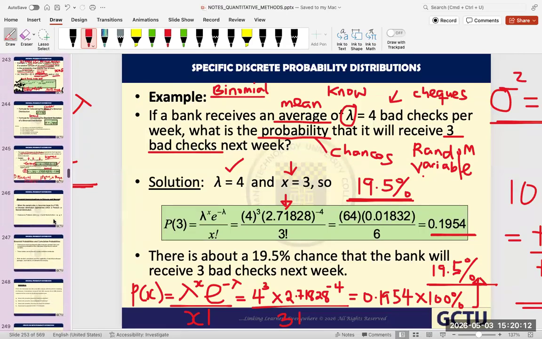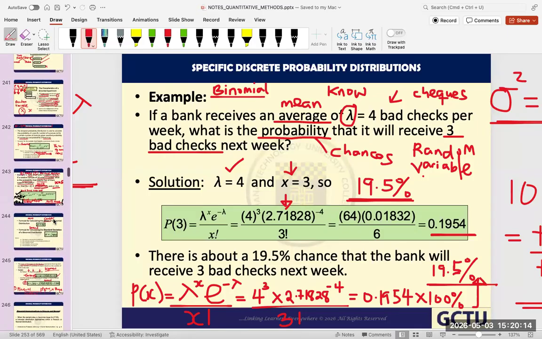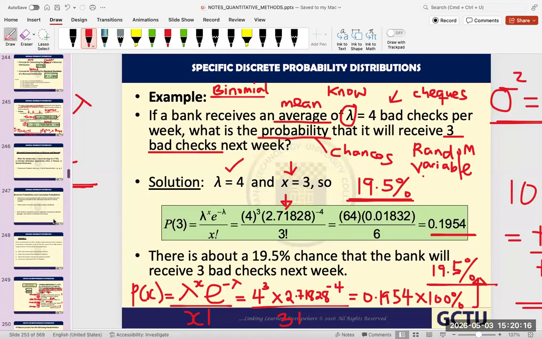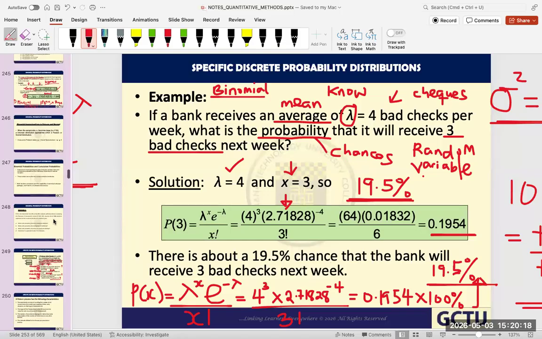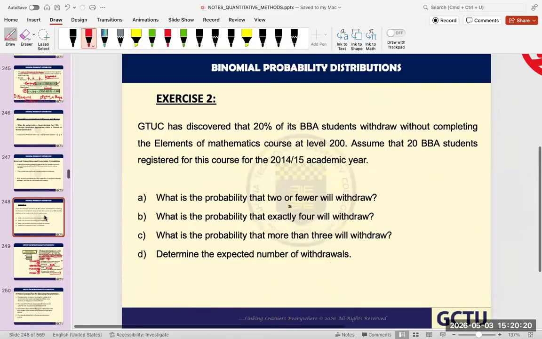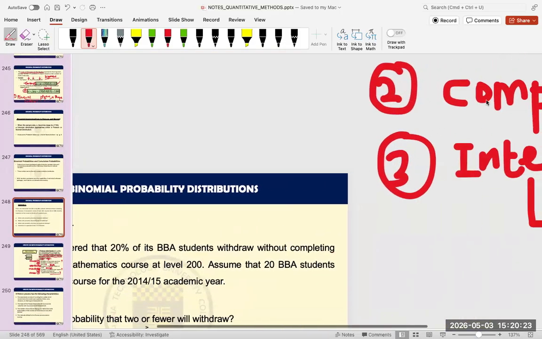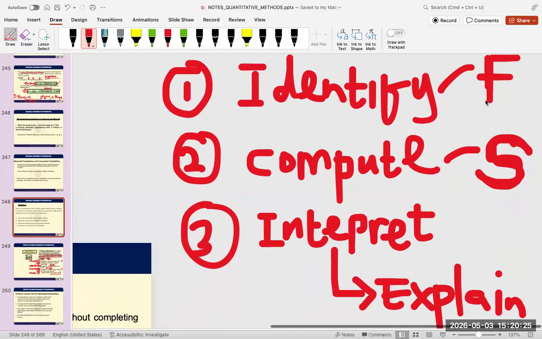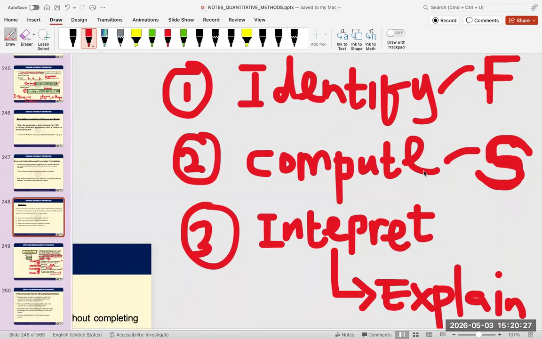Okay, so for every problem, you need to learn how to, first of all, identify the formula you will use. After identifying the formula, then you compute, or you solve the formula with the data you have in the question.